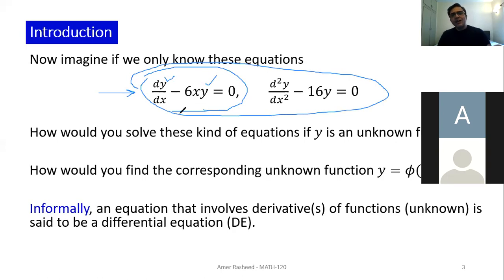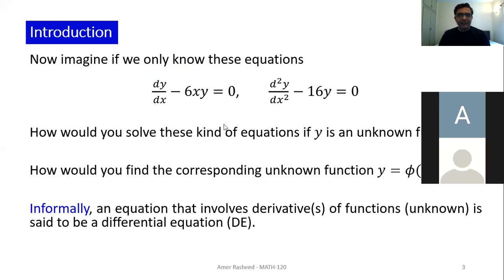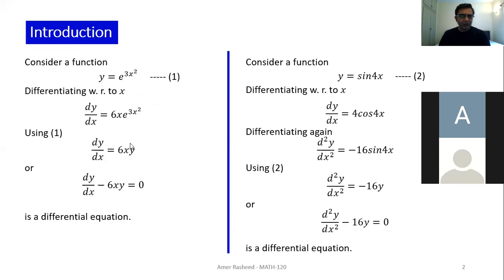It means we go backward. If we are given the differential equation, we have to find the original function which satisfies this differential equation. So for example, on this slide, in this part of the course, we will learn how to find this original function which satisfies this differential equation.